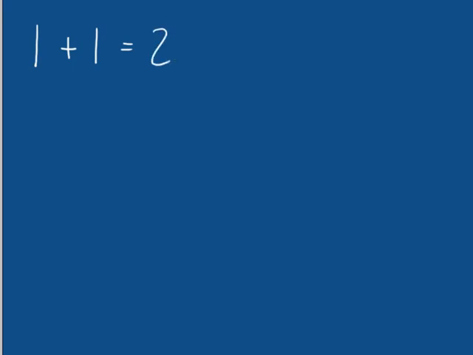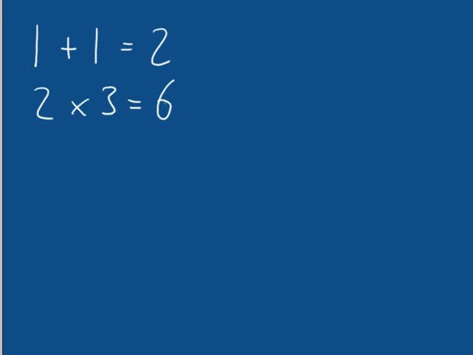Likewise, if I asked you to evaluate 2 times 3, what's that equal to? I'm sure that you know that the answer is 6. These are very, very basic equations, and they're only using a single operator.